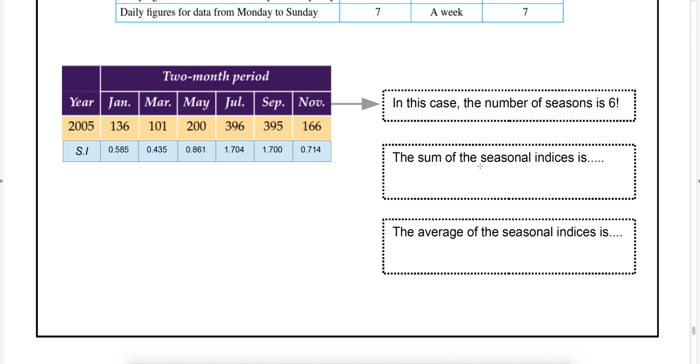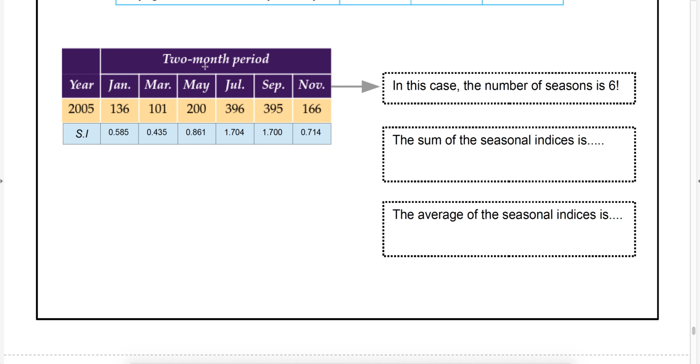If we have a look at this one here, we've got a two-monthly period, so January, February, March, April, May, June, etc., over the year 2005. And we've got the seasonal indices written underneath. In this case, because every season is a 2-month period, you have 6 seasons in the year.